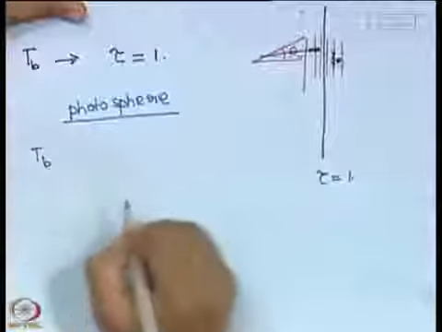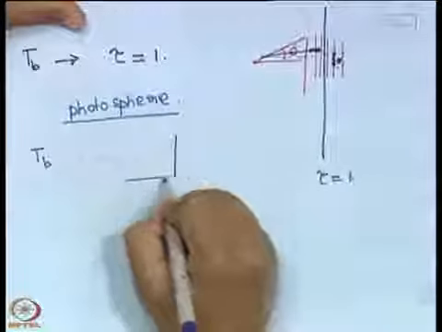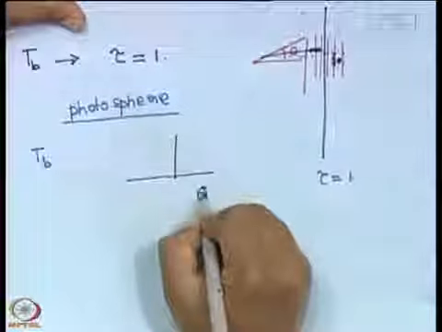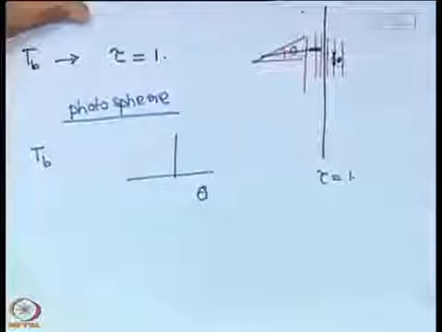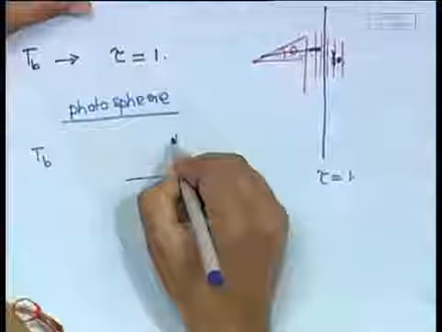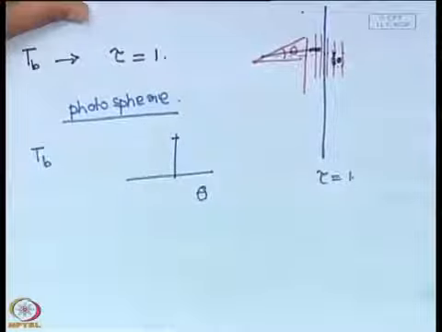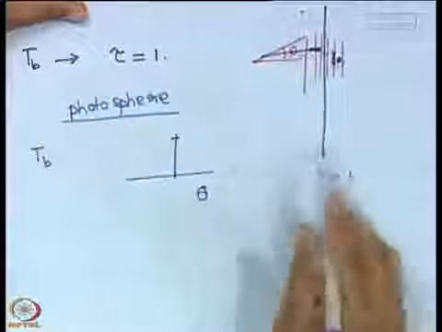The second point is that the temperature of the radiation, if you plot it as a function of theta, when you look straight into the sun, will have a value T naught plus A. When you look at a grazing angle it will fall.